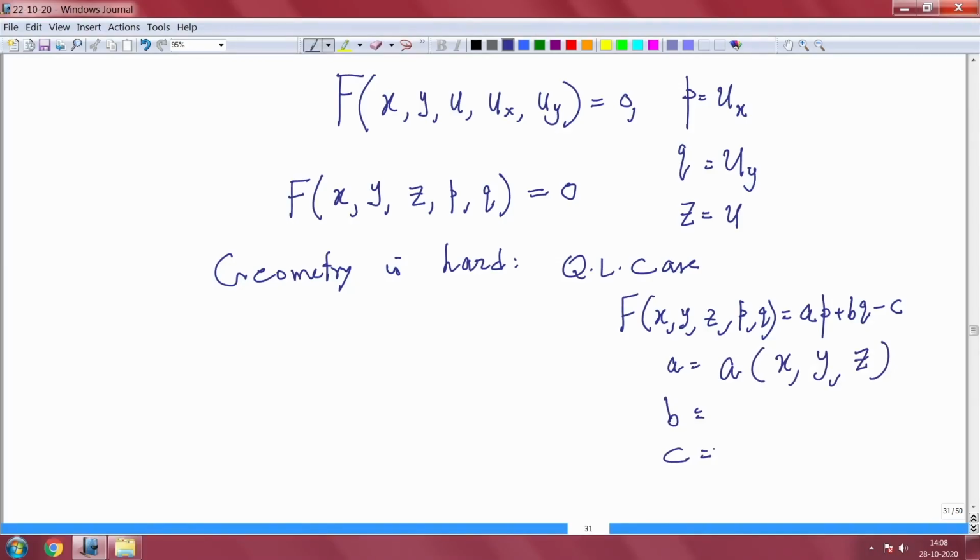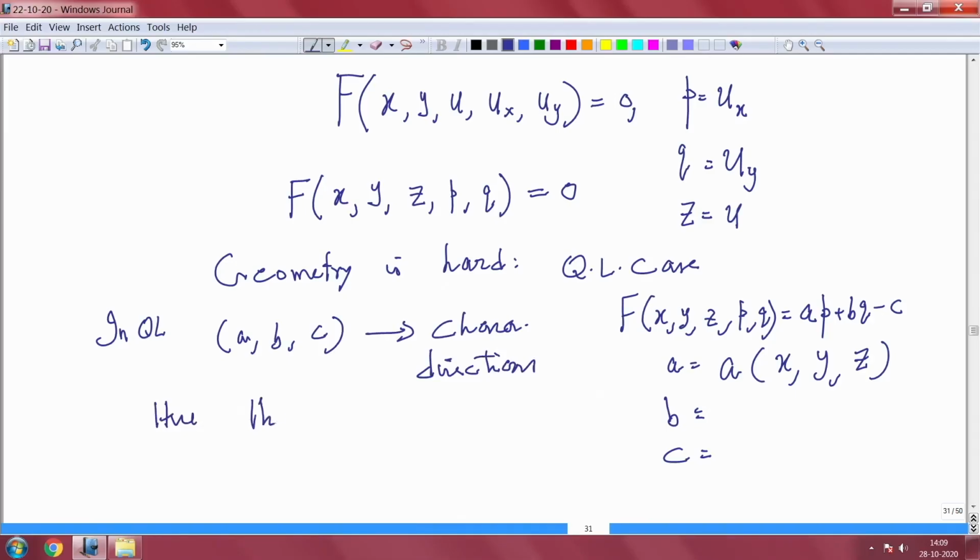If you recall the quasi linear equations, in the quasi linear case a, b, c give the characteristic directions. But one of the difficulties here is that the characteristic directions are not visible.